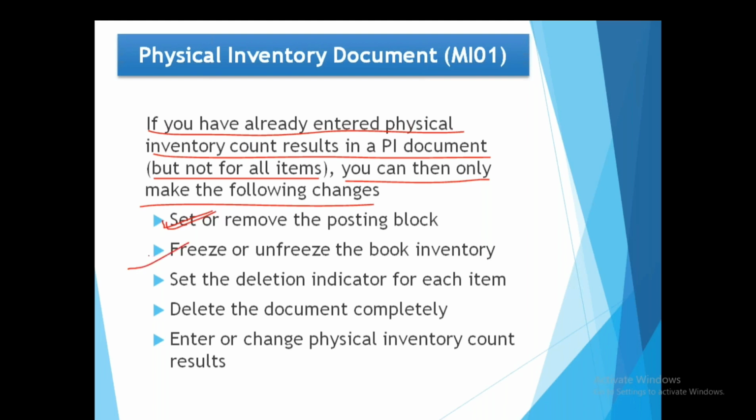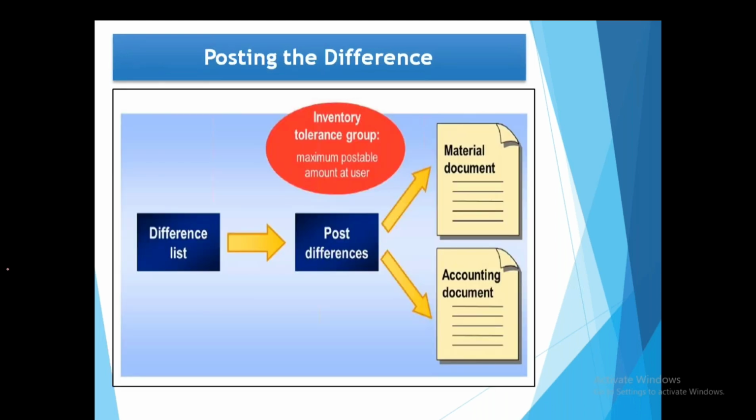You can freeze or unfreeze the book inventory. You can set the deletion indicator for each item, or you can delete the document completely. And enter or change physical count results also. So this is after entering the results for some items. This also you can do.